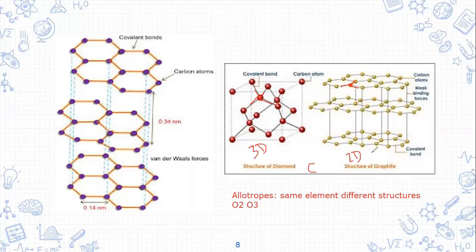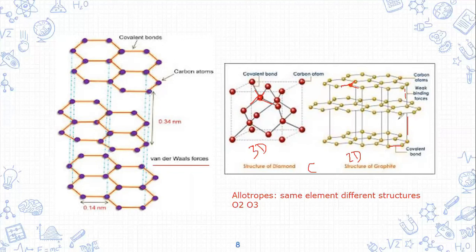As I shared, graphite has layers as well. As you can see, hexagonal layers are formed in the structure of the graphite, and between the carbon atoms we have covalent bonding, whereas between the layers we have weak intermolecular forces, also known as van der Waals forces.